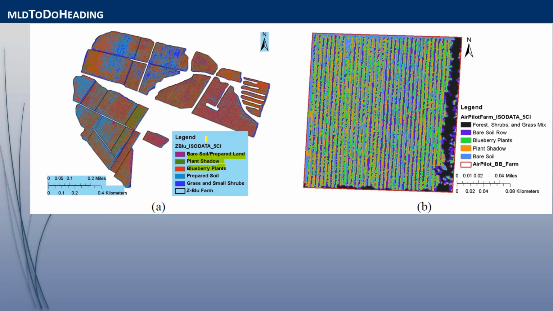In this area of land, someone has planted blueberry plants, and the red region over here is showing blueberry plants, and the green one is showing the grass and small shrubs. And similarly in this region over here, the blue one and the green one represent blueberry plants, and so on.